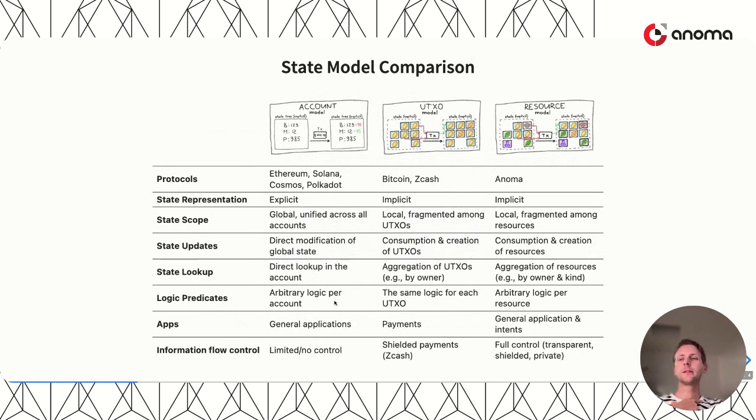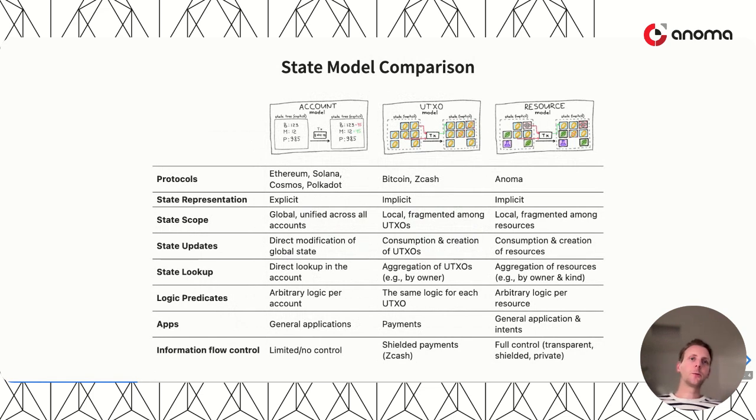Another difference is the kind of logic that you can express in your application. So in the account model, you can write arbitrary logic in your smart contract. This is not the case in the UTXO model, the standard one, where every UTXO has the same logic. So there's only a coin logic or a token logic and not more.